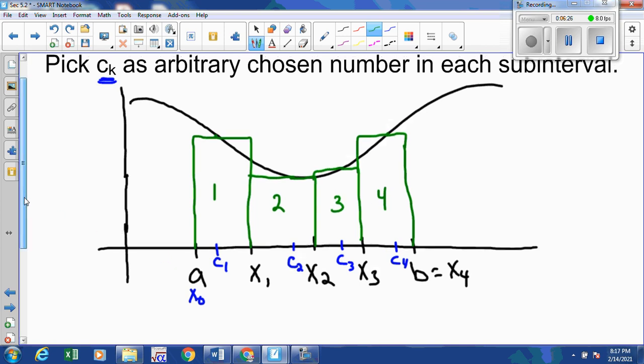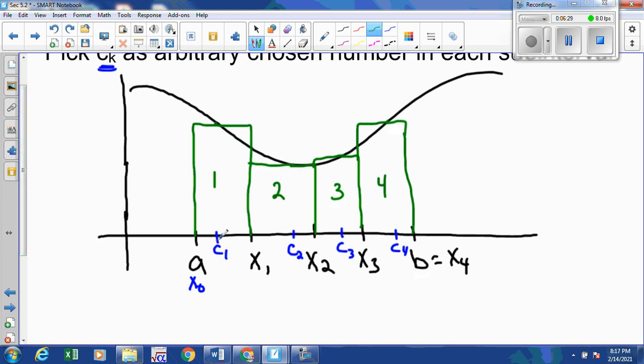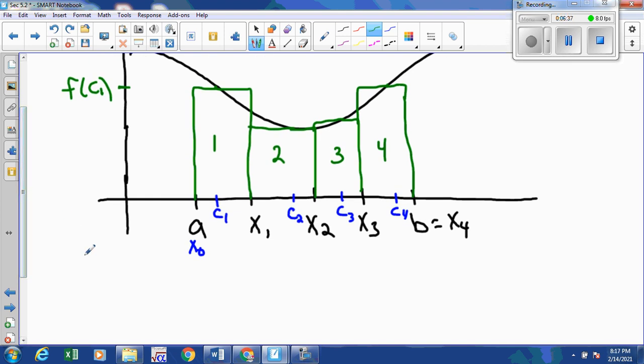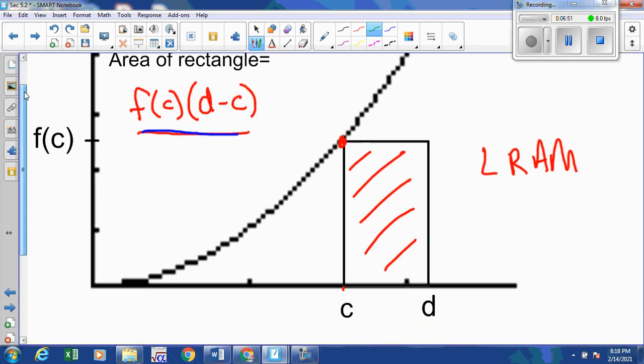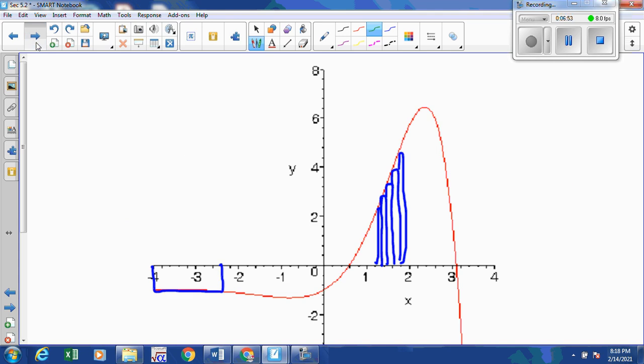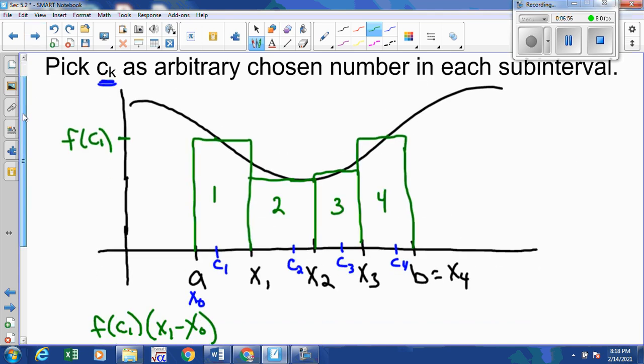Now let's talk about the area of each of these. If we look at the first one, the height of this rectangle is f of c1. So the area of that first rectangle is f of c1 times x1 minus x sub 0. That's just like we started with today, going back to how we found the area of that rectangle, but now we can generalize it for all of these.